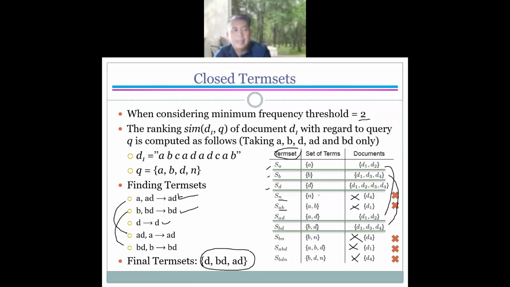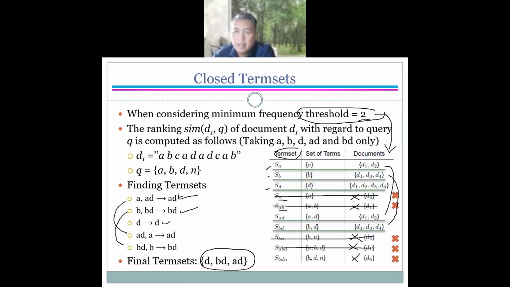But you need to understand how you pick the frequent term set. So the frequent term set depends on this. If given the minimum frequency threshold is 2, we look at this here. So whenever you see a single document, you remove them. Okay, you remove all of them.